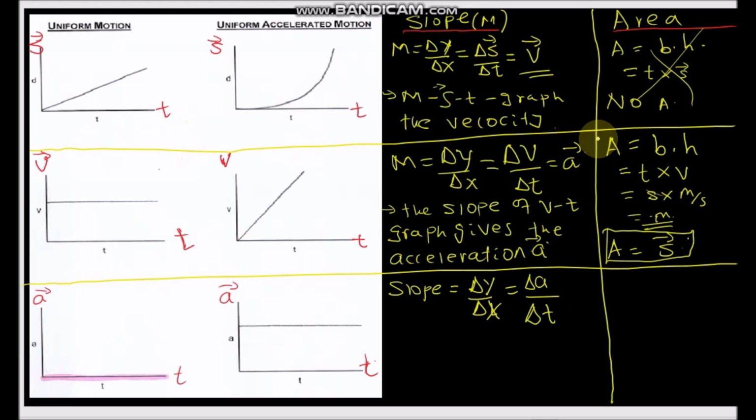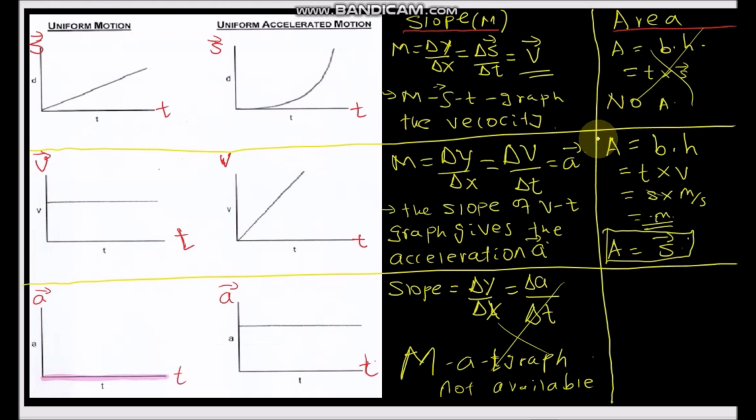Is there any formula for changing a by changing t? No. So the slope for the acceleration time graph is not available. We don't have it.